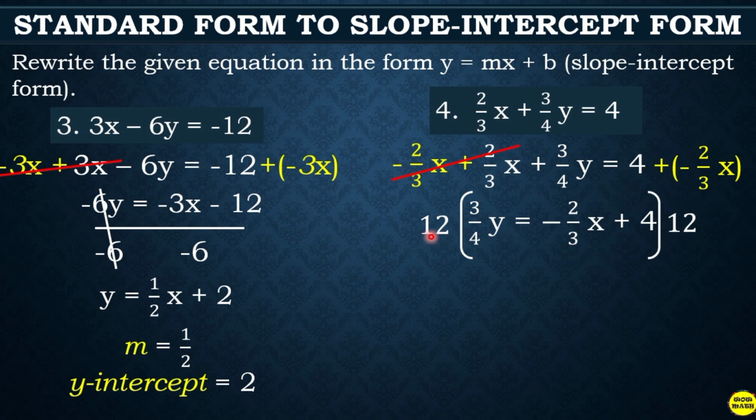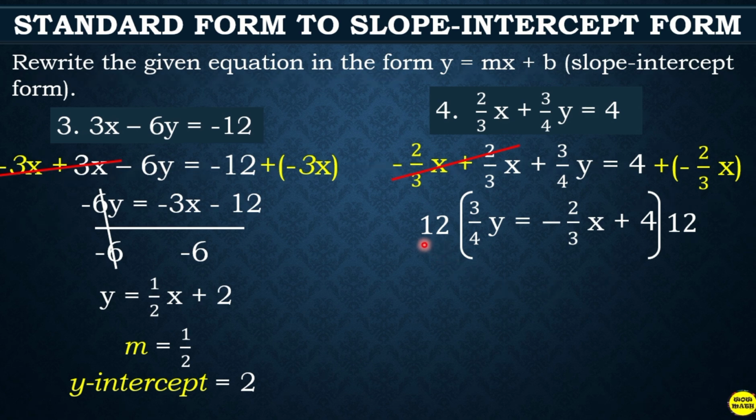We have 12. So, bakit 12? Kasi kunin mo yung multiples ni 4. 4, 8, 12. Kunin mo yung multiples ni 3. 3, 6, 9, 12. So, saan sila nag-meet? Okay, yung least common denominator. So, kung saan sila nag-meet, that is your LCD. So, yung LCD natin ngayon is 12.